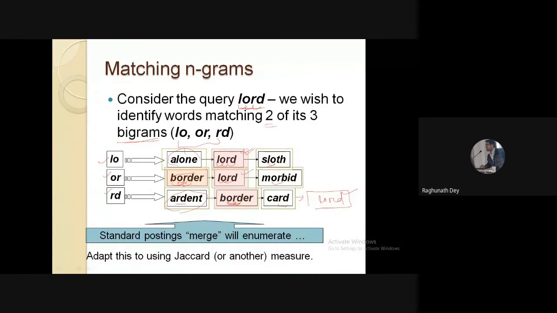Adapt this using the Jaccard or another measure. You can do it like this, 2 out of 3, or else you can use the Jaccard coefficient concept. How much it is matching and how much the total length, make a division, and it will give you some floating value between 0 and 1. Higher value means higher similarity, lower value or 0 means dissimilarity.